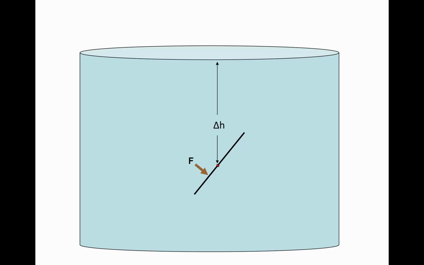So delta H is the vertical distance from the centroid to the water surface. What we're looking at is a tank that's all the way full, and so delta H is from the water down to the centroid, being the center of area for this shape.